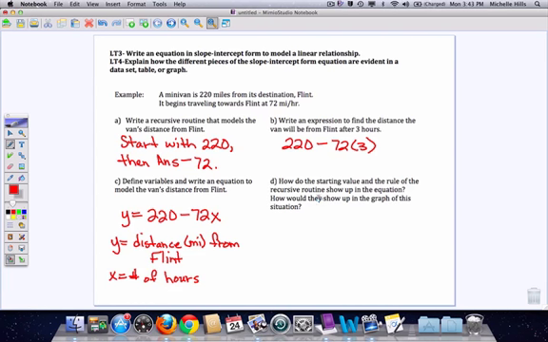Now, how do the starting value and the rule of the recursive routine show up in the equation? And how would they show up in the graph? So the starting value of 220 is the constant in the equation.